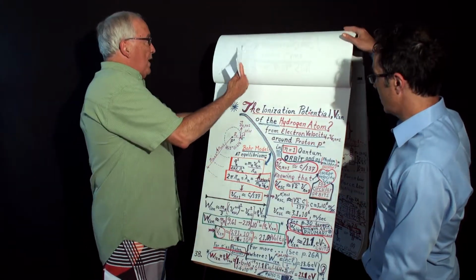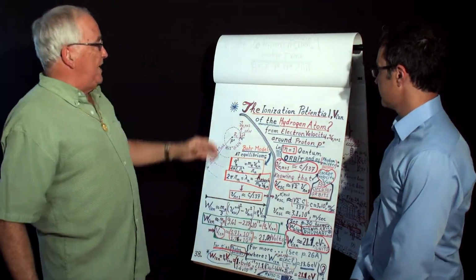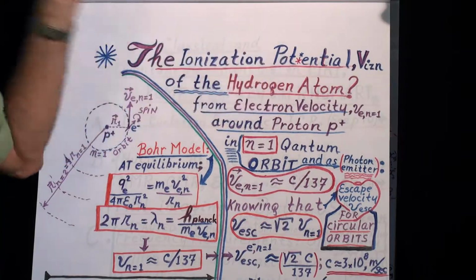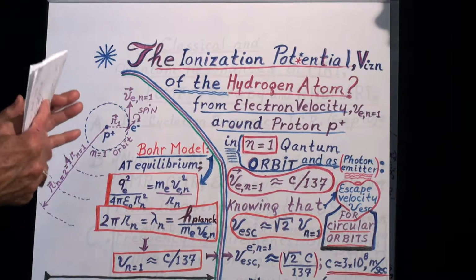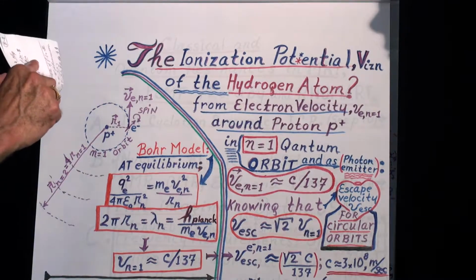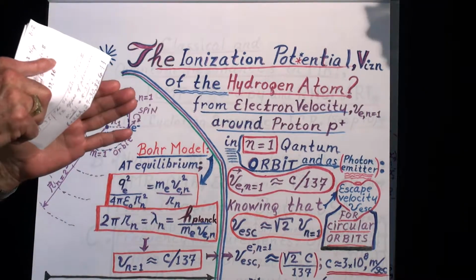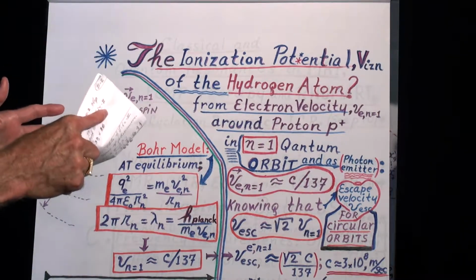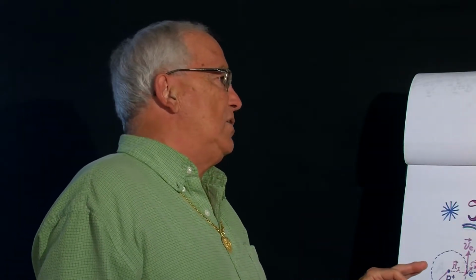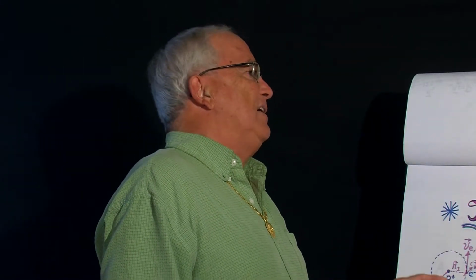Here I just want to mention a few things about ionization potential. Because here I talk about classical mechanics and I touch some subjects of atomic physics. When you get to the level of atoms and molecules, then it's really quantum mechanics that applies to understand how things behave there.